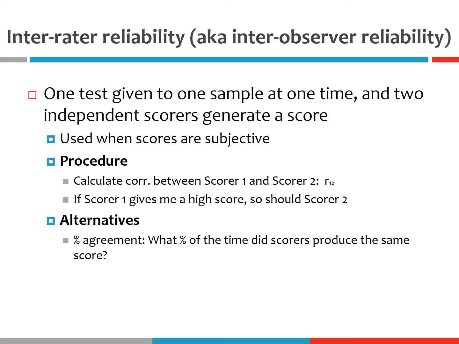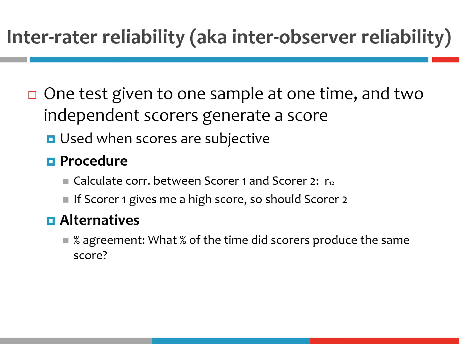So another type of, another index of reliability, particularly when you are conducting an observational study, is something called inter-rater reliability or inter-observer reliability.